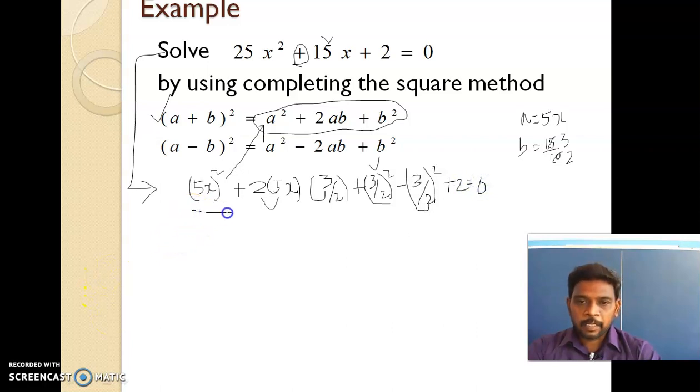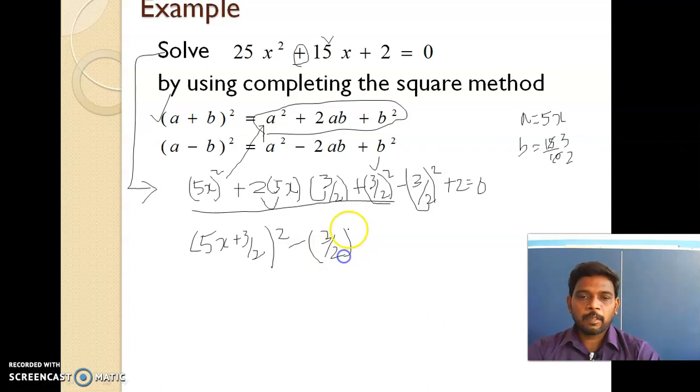So for the first three terms, when we compare this formula, a square plus 2ab plus b square is there. So we can write this as a plus b whole square. So a value 5x and b value 3 by 2. So 5x plus 3 by 2 whole square, and minus the last two terms: minus 3 by 2 whole square plus 2 equal to 0.